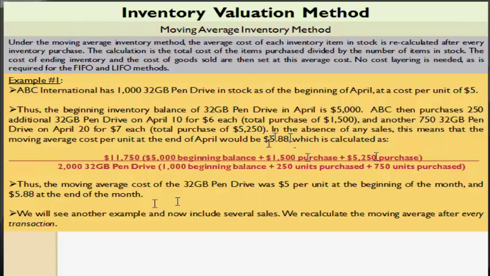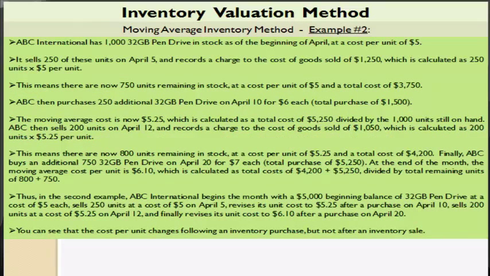Thus the moving average cost of a 32 GB pen drive was $5 per unit at the beginning of the month and $5.88 at the end of the month. We will see another example and include some sales also.